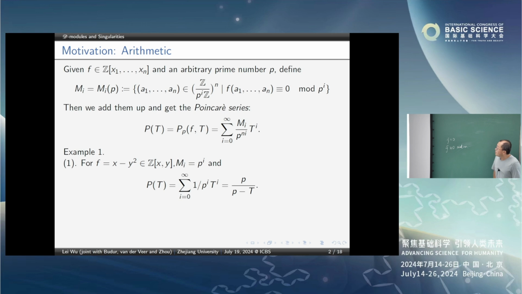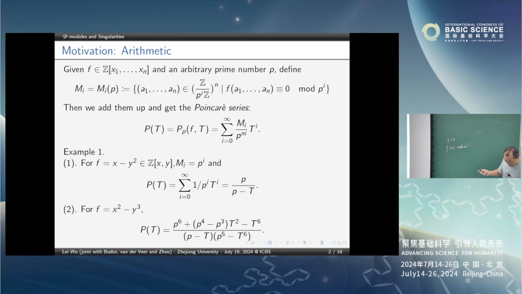Let's make f a little bit more singular, the cusp singularity, and then after some calculation, you can see that this P(t) is a rational function. So in general, Igusa proved this Poincare series is always a rational function.